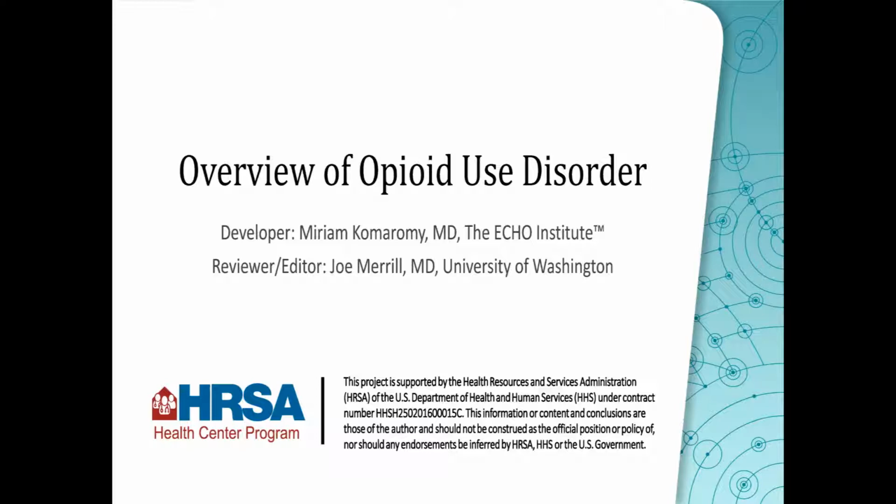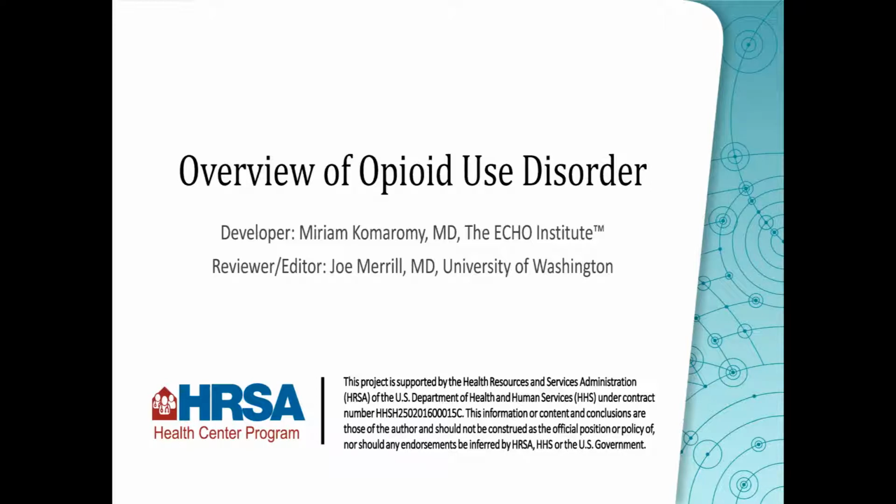Sure, yeah. And this criteria here of trading sex for drugs falls under use in dangerous situations. And these track marks and large abscess fall under the category of continued use despite adverse consequences for the opioids.